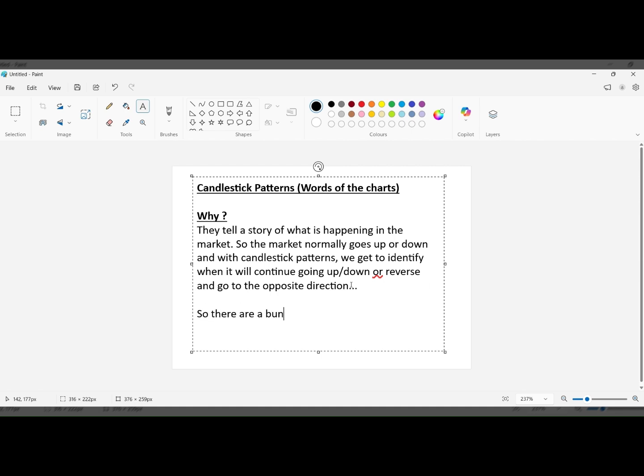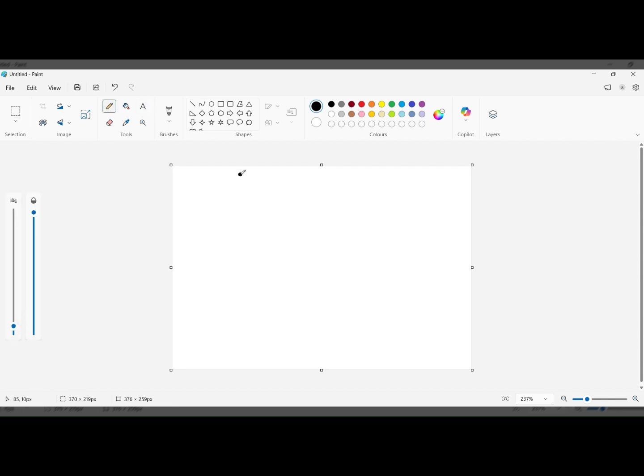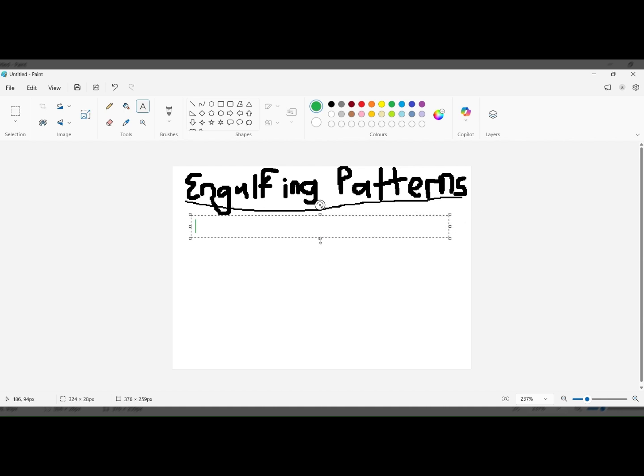The patterns that we will be touching on are based on the engulfing patterns. We need to understand what engulfing means. Engulfing is to completely surround, cover, or overwhelm something, often suddenly.